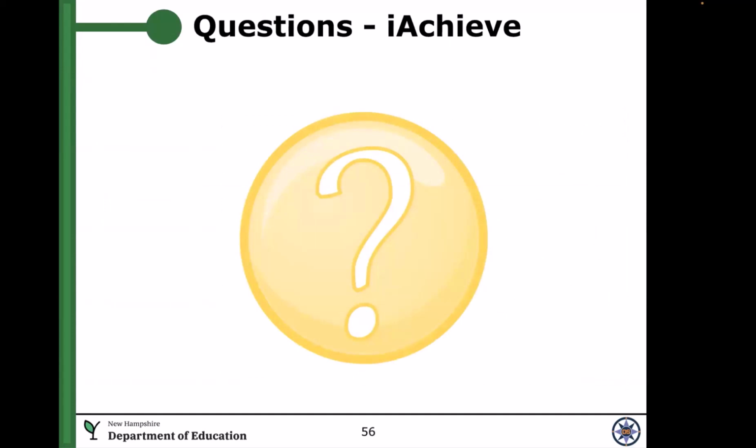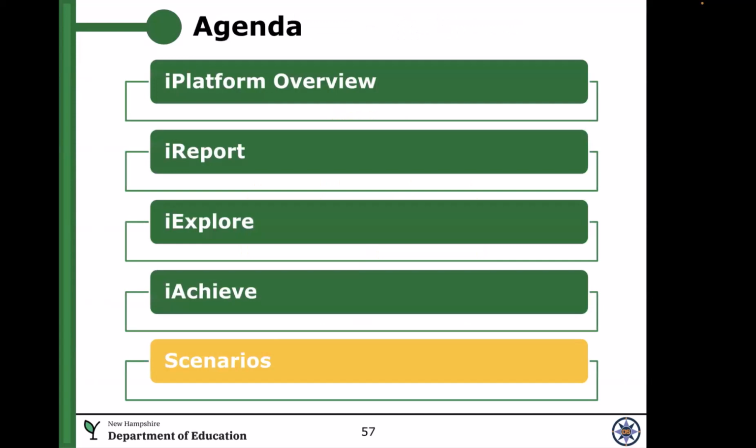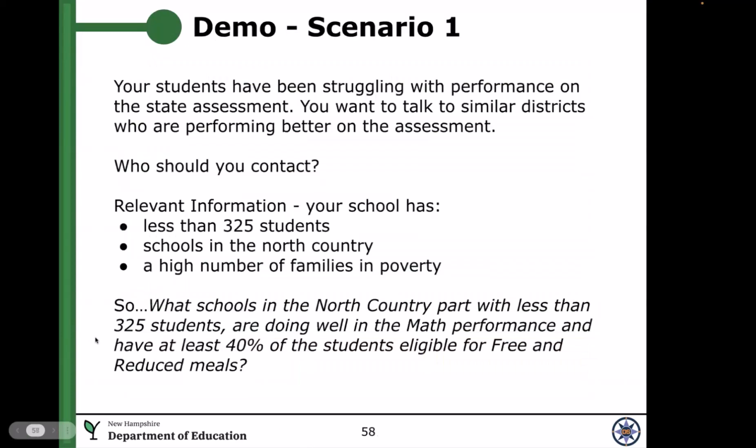Right now, that's our general overview, but I did want to go into a couple of scenarios to give you an idea of which areas of the platform you might want to take a peek at. Our first scenario: you have students who have been struggling with performance on the state assessment.